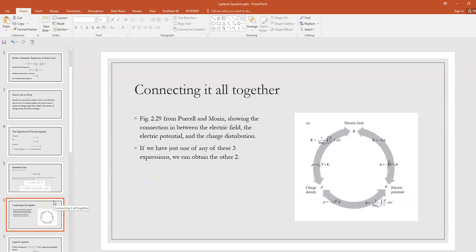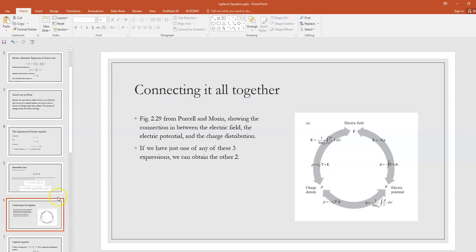Now, what we've done is basically now we have a system. If you have any one of those three quantities, the electric field, the potential, or the charge distribution, then you can get the other two via the relationships that we've covered to this point.